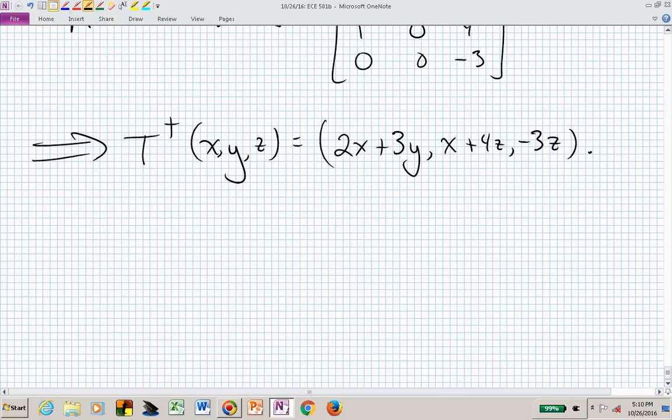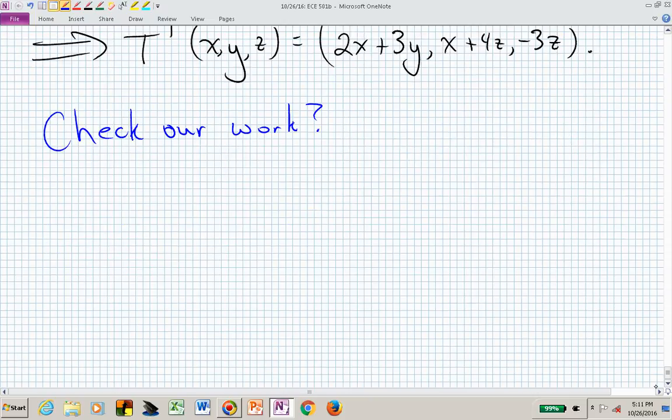What if we decided to just do it with a simple check? This isn't a proof, but it allows us to think about what we've just done and try to understand these relationships that we've been talking about. T now is this linear map from an input vector space to an output vector space.